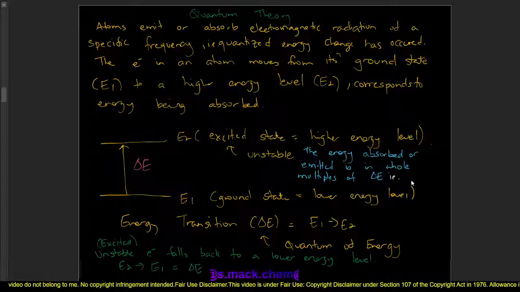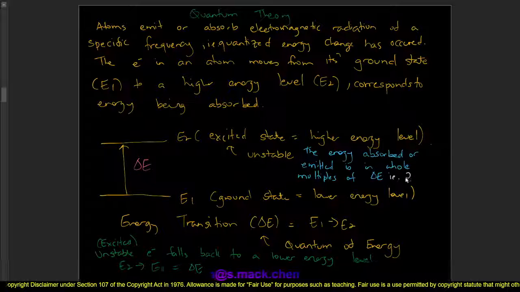Right, so if we are to have an electron moving, let's say it moved to n equal to 4, n equal to 5, n equal to 8, it doesn't matter. Once it moves to higher energy levels, or it's dropping back down from higher energy levels to a lower energy level, we say that the energy change is only in multiples of this delta E, or this change in E here.